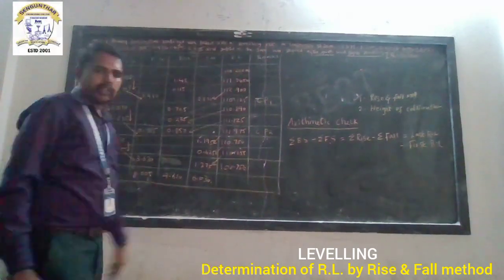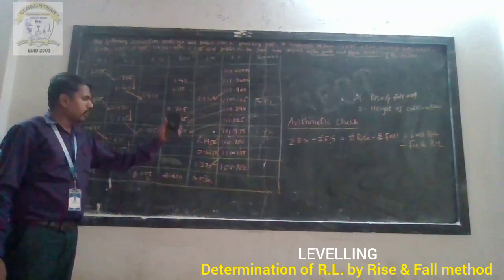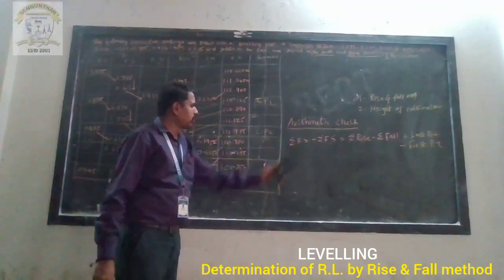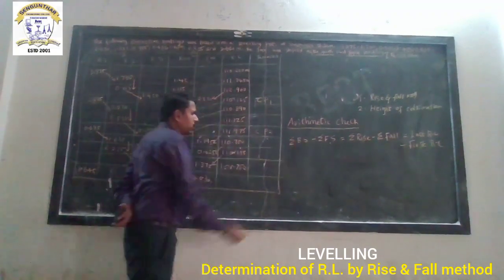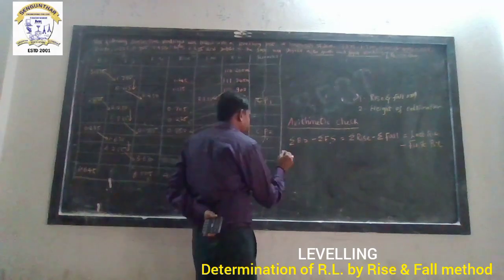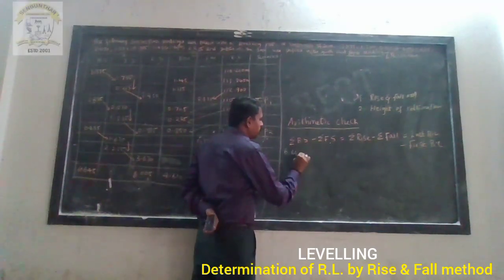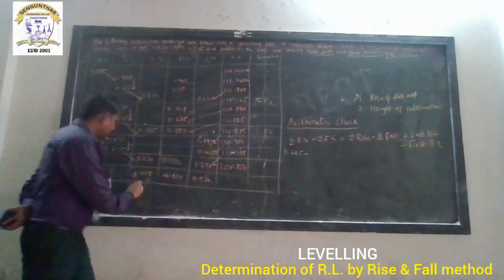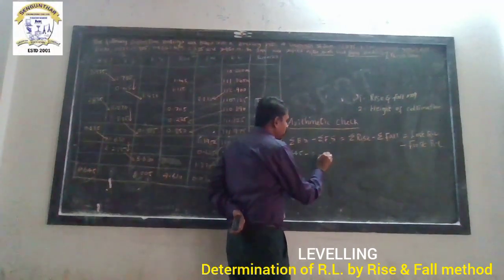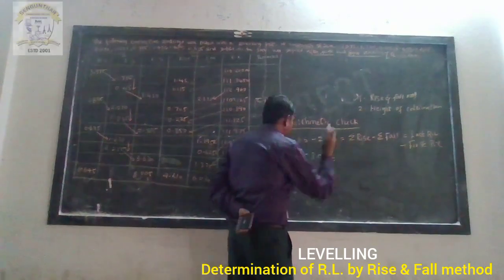The problem is over, but we have to identify whether the problem is right or not with the help of the arithmetic check. Okay, what is the arithmetic check? Summation of backsight minus summation of foresight. We already found the summation of backsight, that is 6.645 minus summation of foresight. The summation of foresight is 8.065, which is equal to summation of rise.